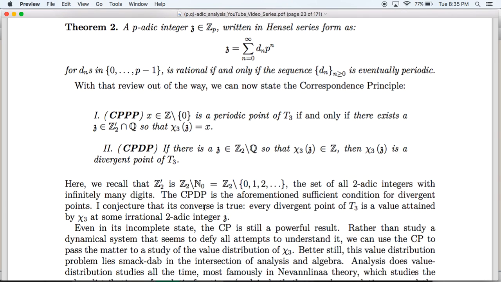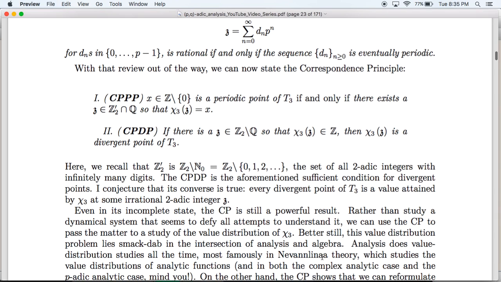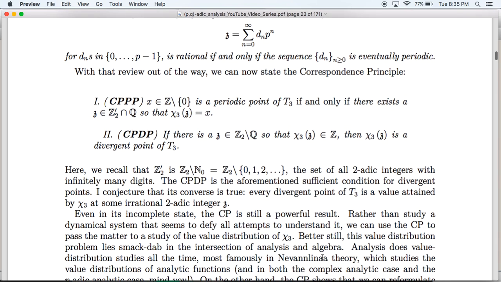Analysis does value distribution theory all the time. Probably the best example of this is Nevanlinna theory. It studies the value distributions of analytic functions, specifically meromorphic functions, by generalizing the Poisson-Jensen formula, which allows us to count the number of poles and zeros of our given meromorphic function.